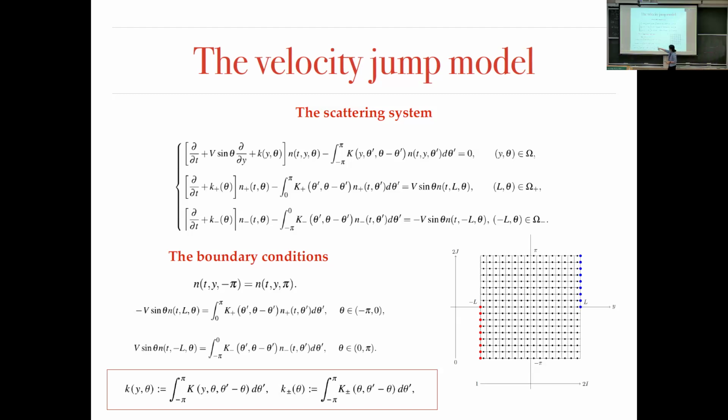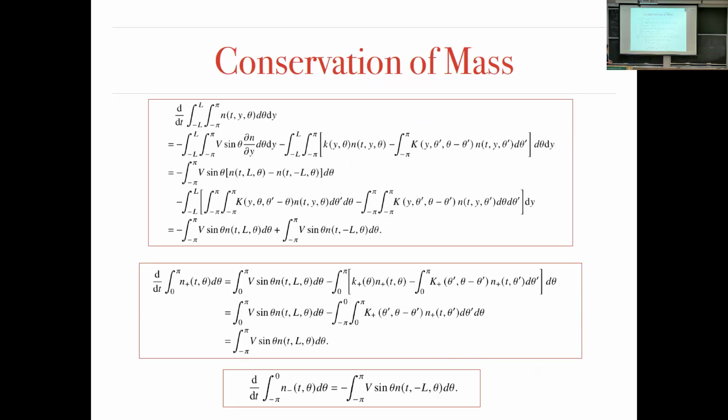When the movement direction of those upper bound cells changes so that theta is from minus pi to 0, then they can leave the boundary and contribute to those cells inside the domain. If it's at the lower bound, then when its movement direction changes to 0 to pi, it will go to cells inside the domain. So these are the two boundary conditions we put for n plus and n minus.